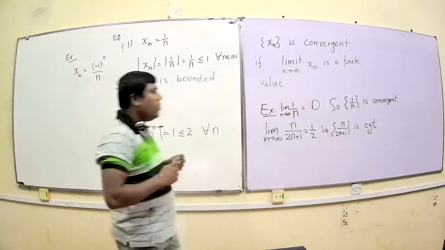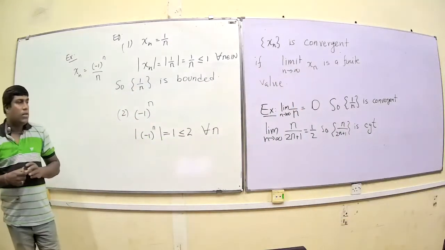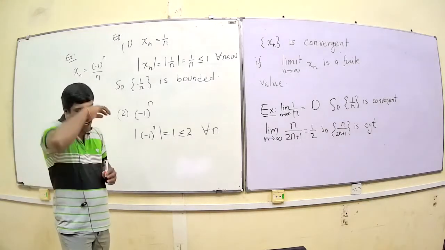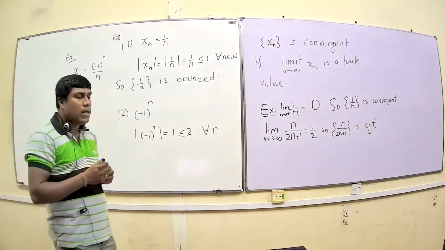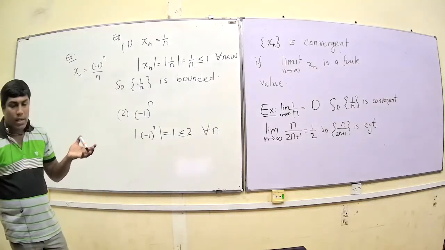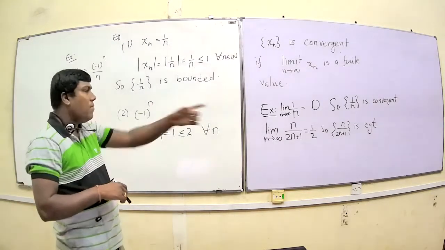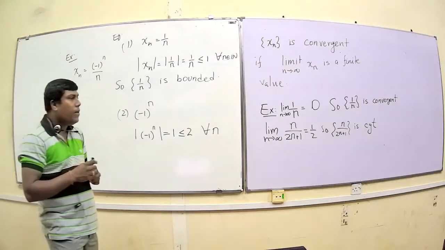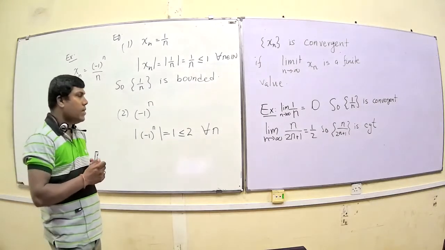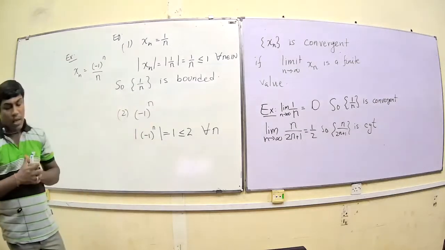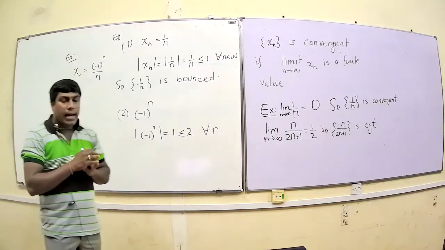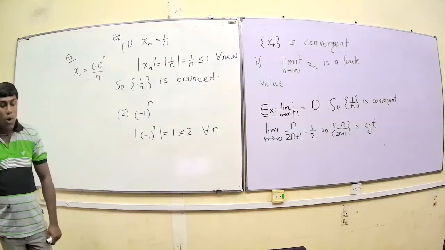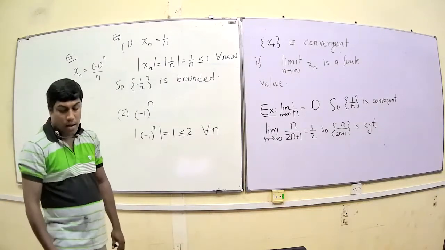Instead of writing convergent, to save time we usually write CGT. That is an abbreviation for convergent which we will use in these notes, not in general, but just to abbreviate the big word convergent. So as long as the sequence has a finite limit, we call that sequence a convergent sequence.